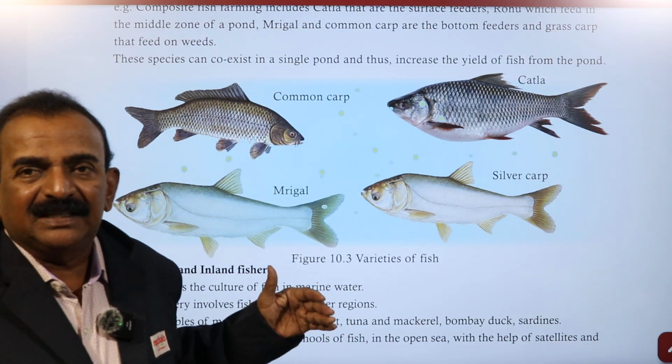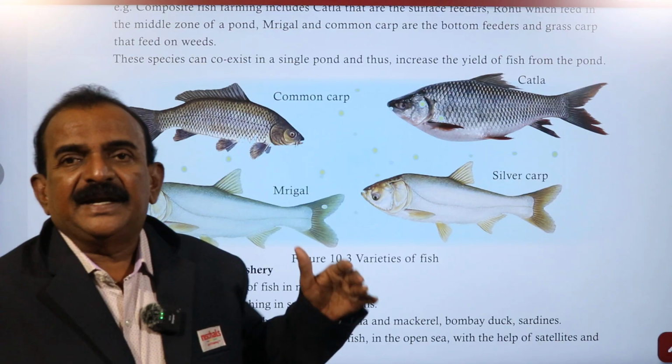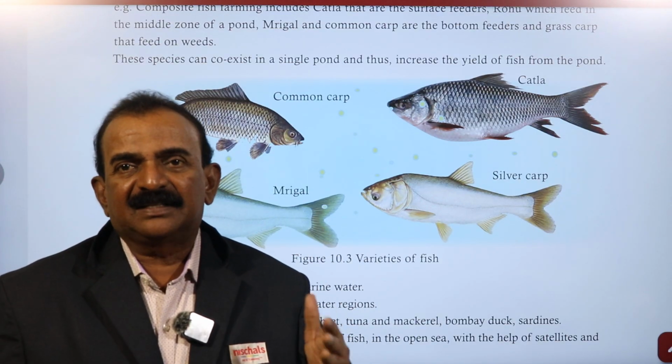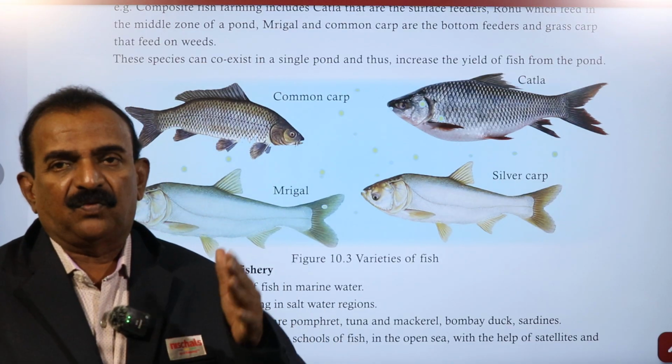So these are different types of fish, and they are grown in a common form, and this type is called composite farming.